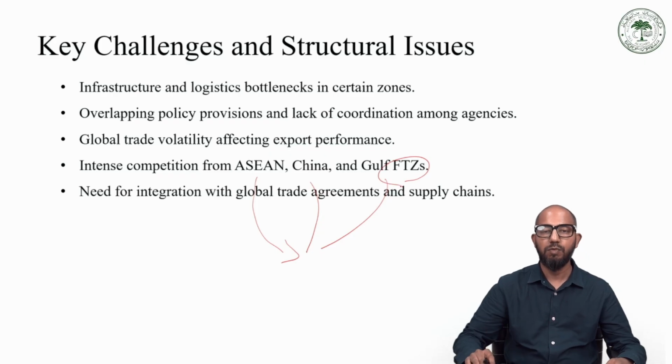In order to counter these competitions, EOUs, FTZs, and export processing zones need to work harder and should have more simplicity and more incentives for the industries. And finally, there is a need for integration with global trade agreements and supply chains.